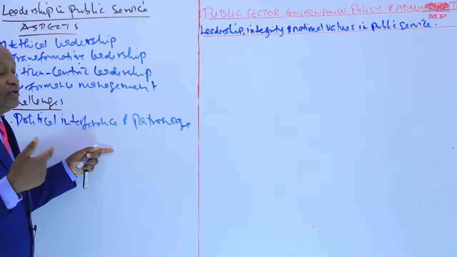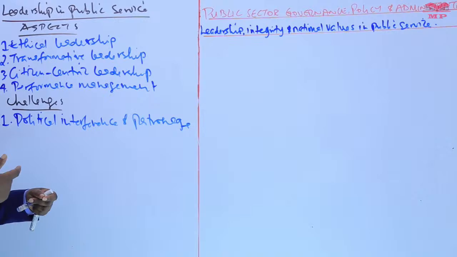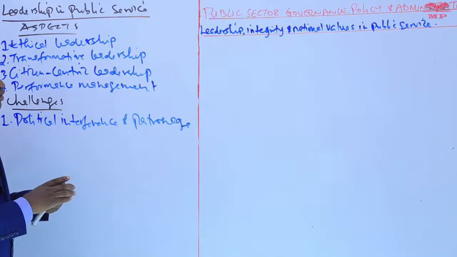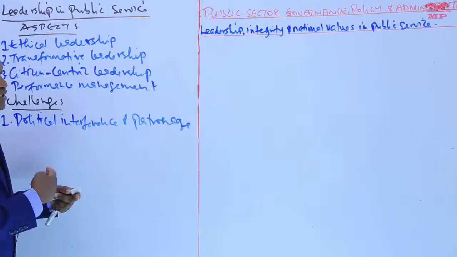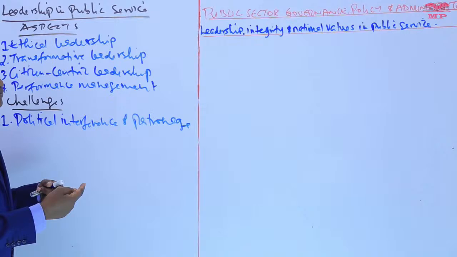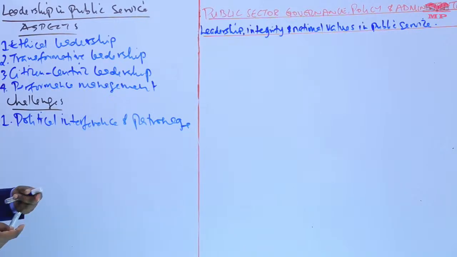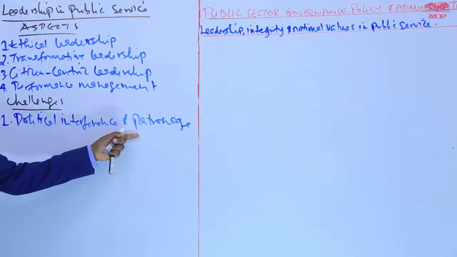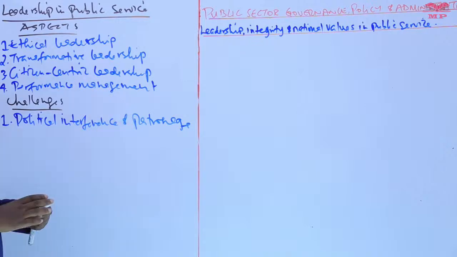And that's why you may find that in Kenya, sometimes there is no meritocracy, there is no professionalism because of patronage, which is a challenge in the public service. Patronage is where leaders prioritize loyalty over competence, and that undermines professionalism, and that is a challenge today.